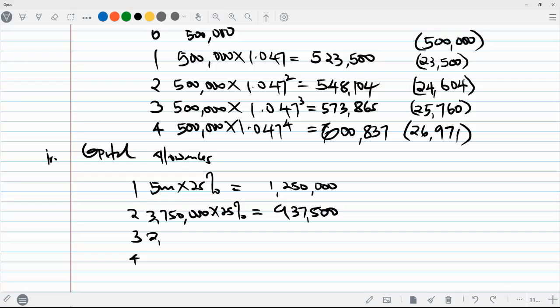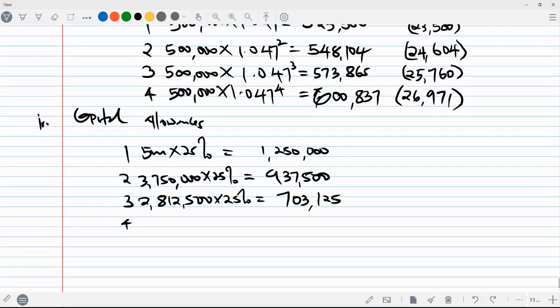Balance is 2,812,500. So 2,812,500 times 25% gives us 703,125.